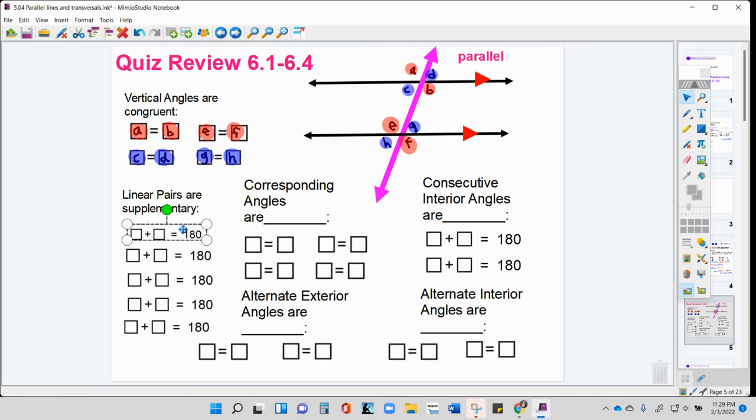Give me one second, let me see if I can copy that one instead.